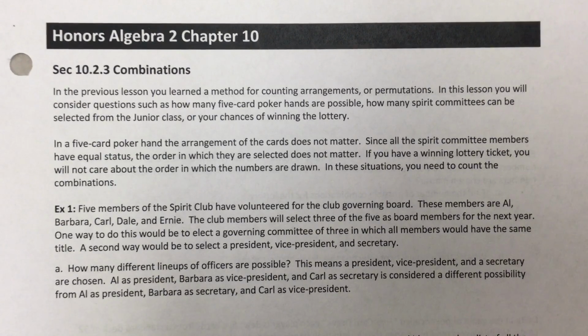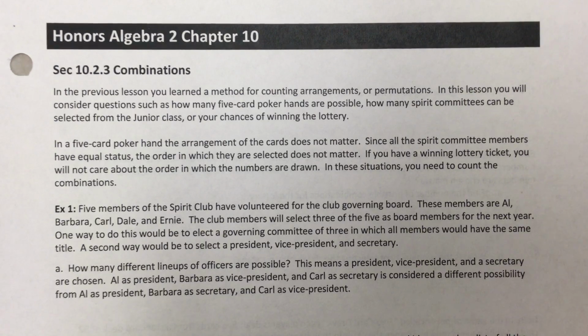For example 1, it says 5 members of the spirit committee have volunteered for the club governing board. These members are Al, Barbara, Carl, Dale, and Ernie. The club members will select 3 of the 5 as board members for the next year. One way to do this is to select a governing committee in which all members would have the same title.